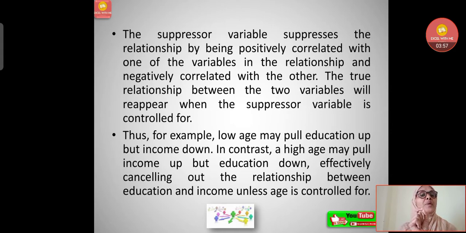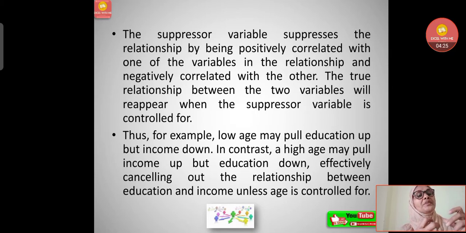Low age may pull education up. That means if the person is of low age, education may pull it up, but income down because of no experience. Sometimes even after having high education, the income might be low because of less experience. In contrast, a high age may pull income up, but education down.